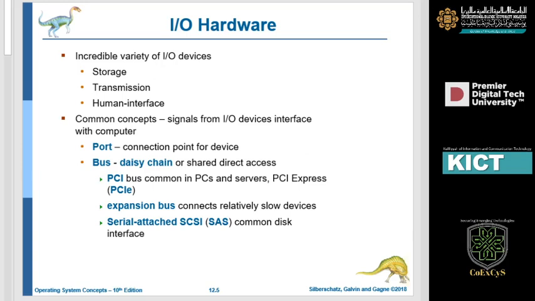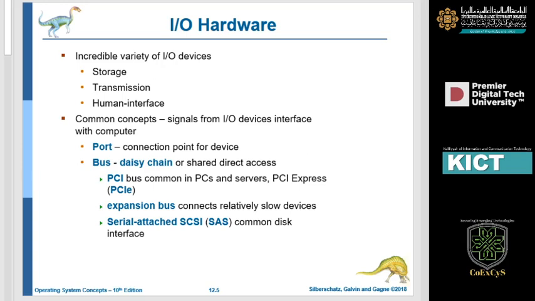Say device A has a cable that plugs into device B, and device B has a cable that plugs into device C, and device C has a plug connected to another device on the computer. This arrangement is called a daisy chain. A daisy chain usually operates similarly to a bus.